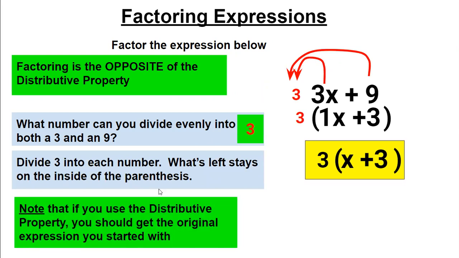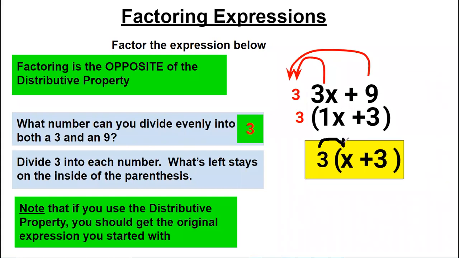Note that if you use the distributive property, you should get the original expression you started with. So if I was to go back the other direction now and multiply the 3 times the x, I would get 3x, and then I would multiply the 3 times the 3, I would get plus 9. See how I'm using it backwards and forwards.